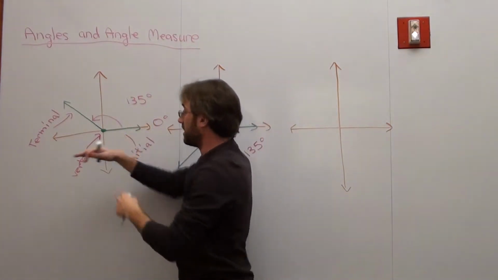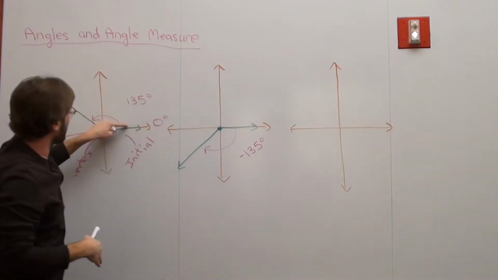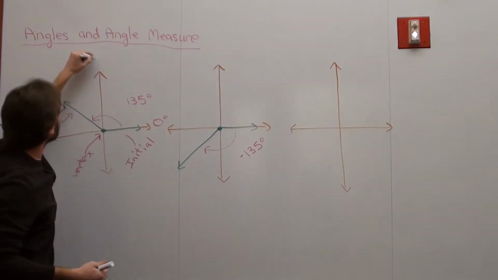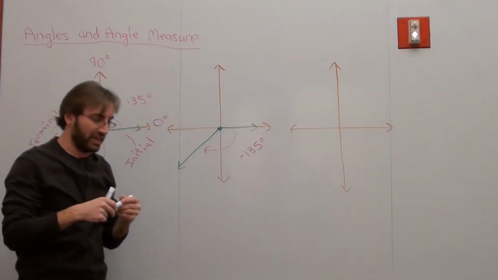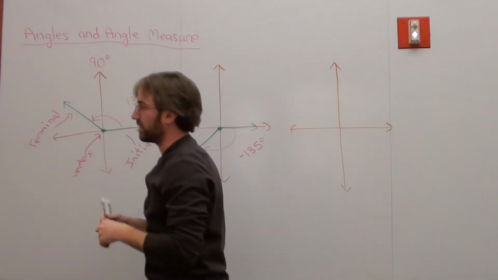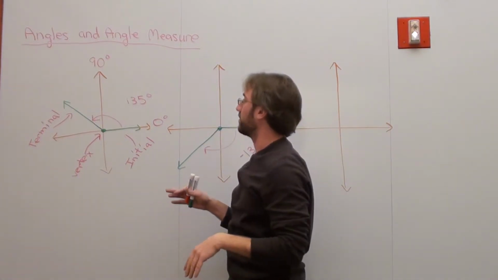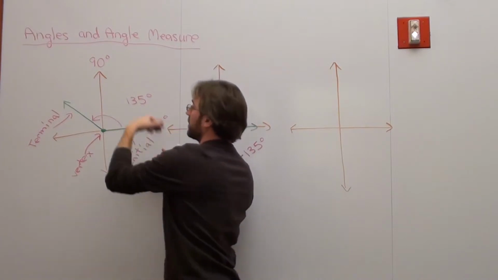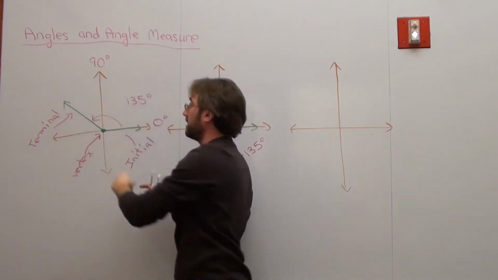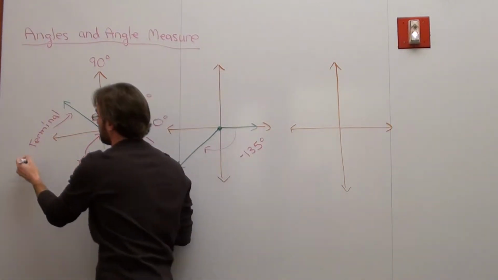Now, if the initial side is here and the terminal side is here, and it went like this, then it's at 90 degrees. I'm not saying that the value is 90 degrees, I'm saying that the angle is 90 degrees, because when we end up talking about sine and cosine in a unit circle, it's going to seem a little confusing. So right here, if the initial and the terminal were here, it'd be at 0 degrees. If the terminal was here, it'd be at 90 degrees. If it were here, it would be at 180 degrees.